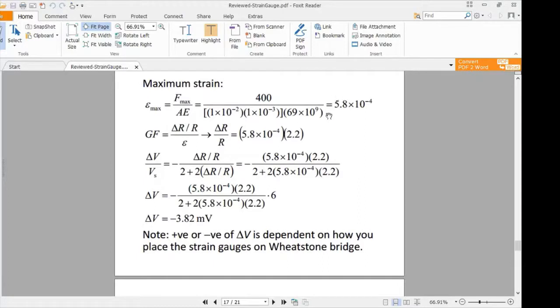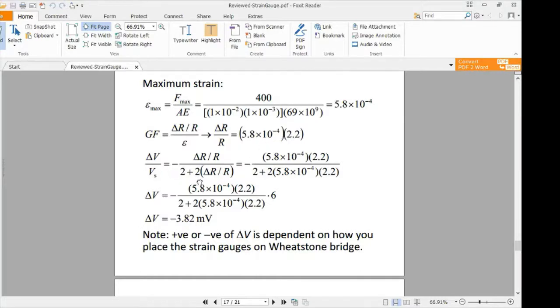Once we know the strain, through the gauge factor equation, we will be able to tell the ratio of the resistance change relative to the initial resistance. Delta R divided by R will be equal to the strain multiplied by the gauge factor.